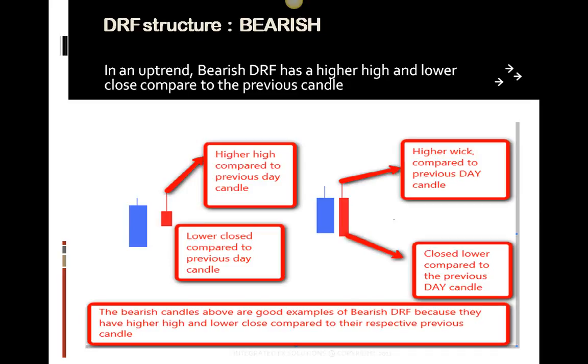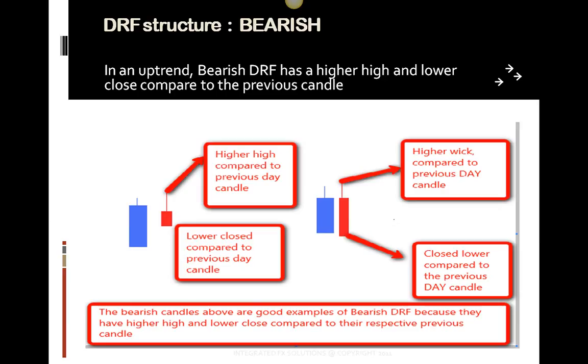Let's look at the first example. We have a bullish candlestick, which is a decision bar, and an indecision bearish candlestick. Now the bearish candlestick has a high that is higher than the previous candle, and it closed lower.